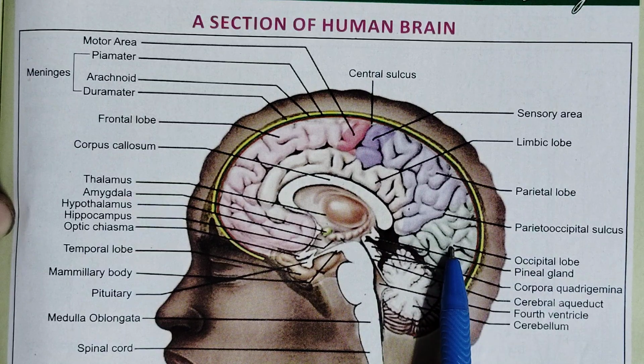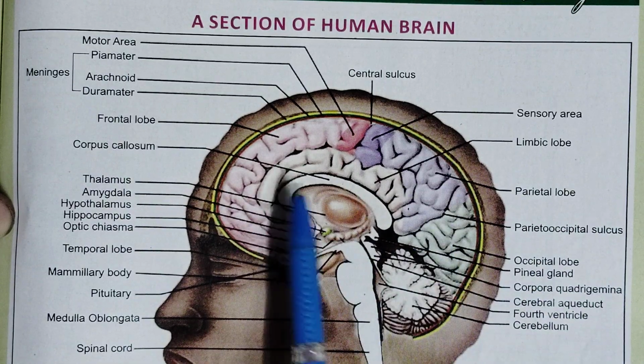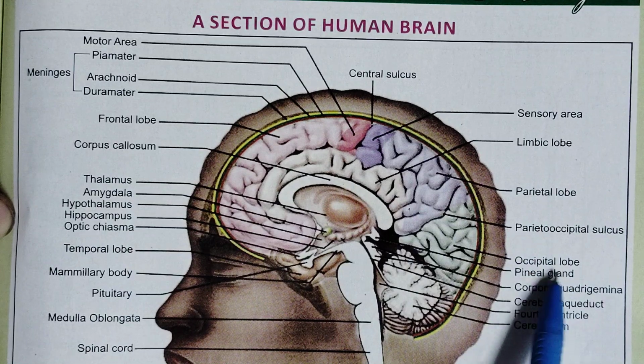Next is the light greenish occipital lobe. This is behind the frontal lobe. The name is occipital lobe.